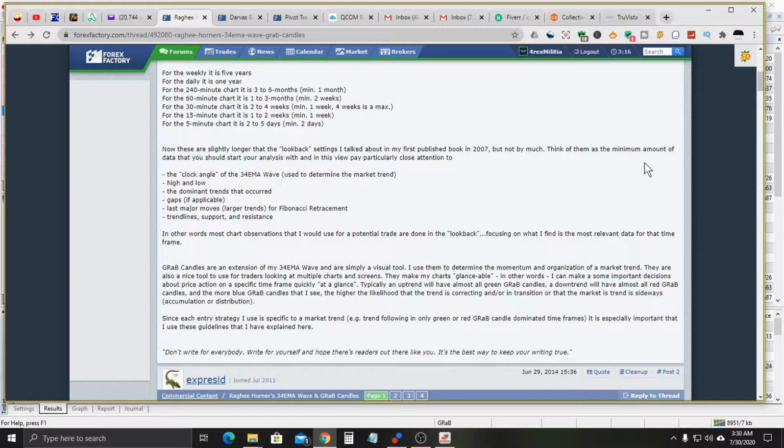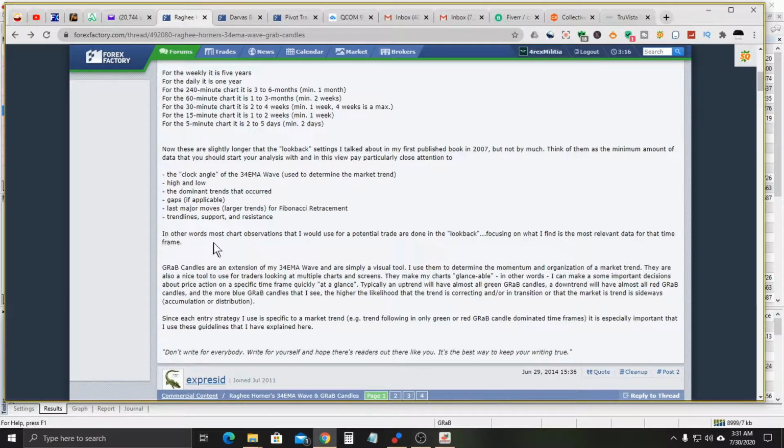Think of them as the minimum amount of data that you should start your analysis with, and in this view pay particularly close attention to the clock angle of the 34 EMA wave used to determine the market trend, the high and low, the dominant trends that occurred, gaps if applicable, last major moves, larger trends for Fibonacci retracement, trend lines, support and resistance.